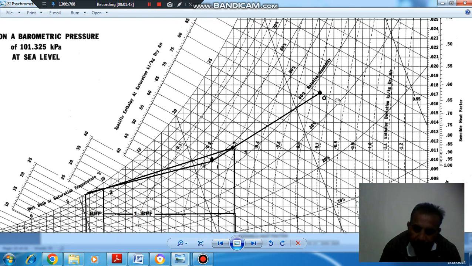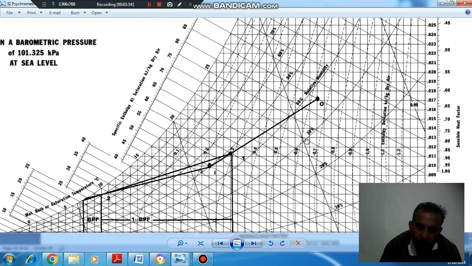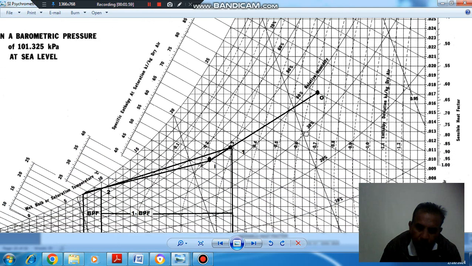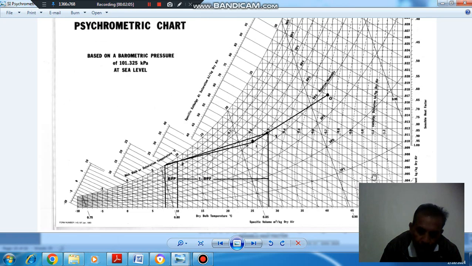At this point, the specific humidity is about 0.0172, enthalpy is about 85, and specific volume is about 0.912.